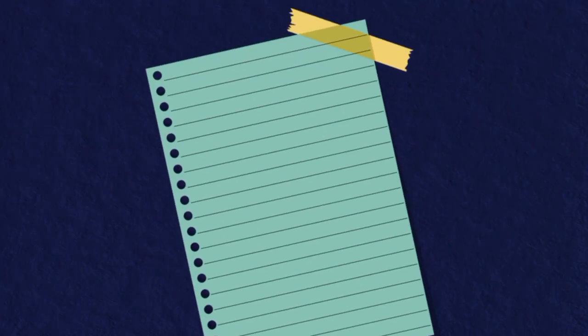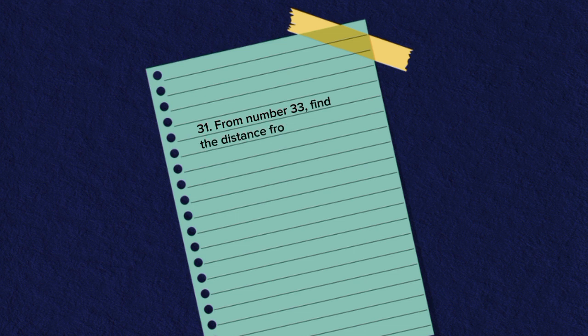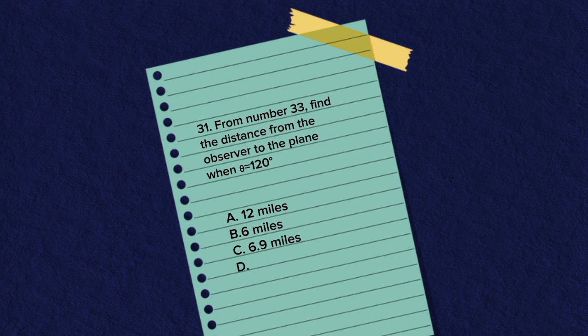Number 31. From number 29, find the distance from the observer to the plane when theta is equal to 120 degrees. Letter A, 12 miles. Letter B, 6 miles. Letter C, 6.9 miles. Or letter D, 12.9 miles.